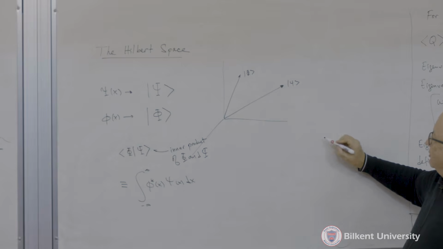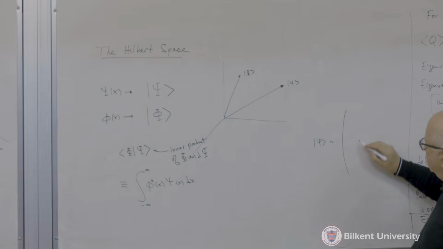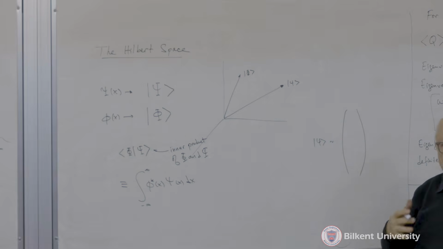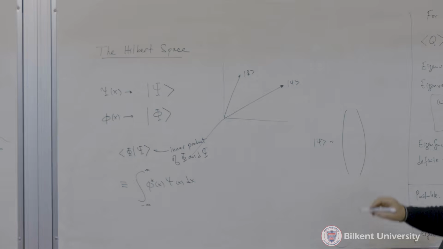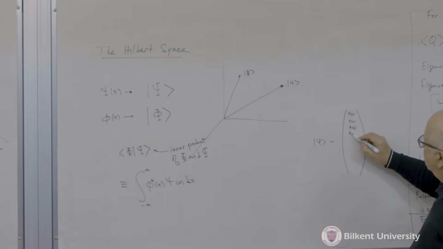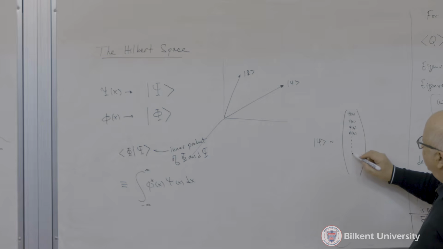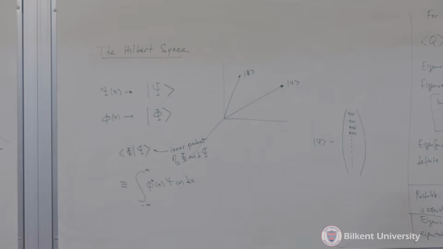This psi vector, you can sort of imagine, until your abstraction builds up, as a huge vector whose components are psi of x1, psi of x2, psi of x3, etc. So these are the values of psi at various points in x, except that, remember, this x is a continuum.